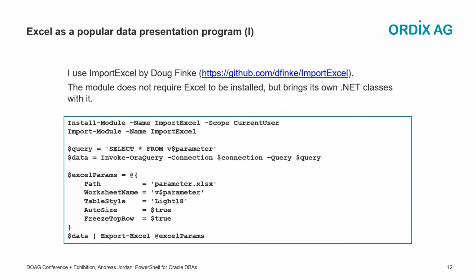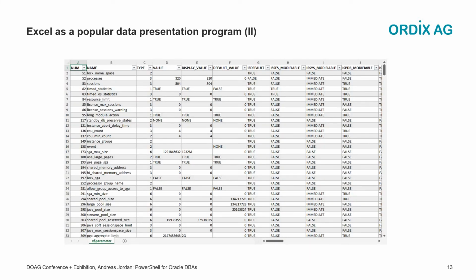This is some sample code that would run the select star from the parameter, and with some little more PowerShell code, I can get an Excel. I cannot show you this live because I don't have Excel installed on the demo system, but I've made some screenshots. This is what it would look like. You get a real Excel table with autofilter and everything else from this little PowerShell code.